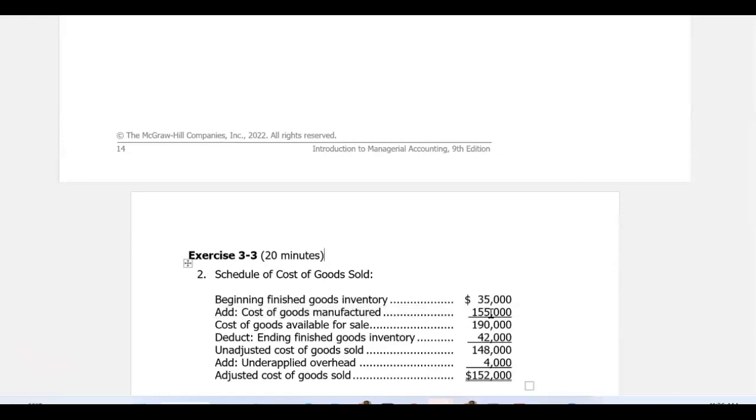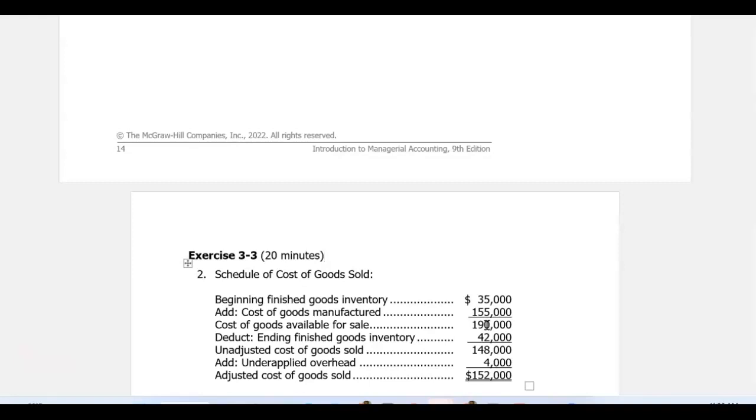Beginning, added, available. Available is 190. Beginning finished goods plus added finished goods, as cost of goods manufactured and transferred, 155.